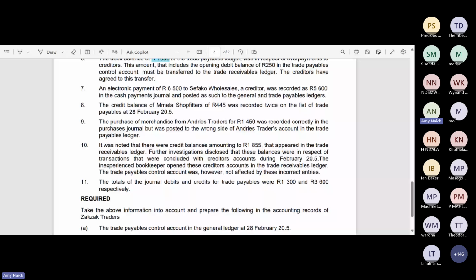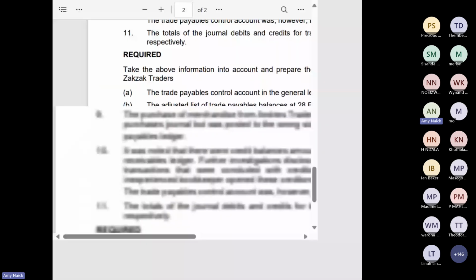We paid the creditor more, so we need to reduce that creditor by the amount that's missing. We've only recorded 5,600, so we need to record another 900 Rand in terms of what was paid to the creditor.